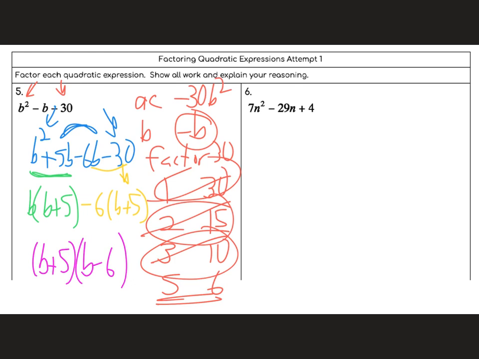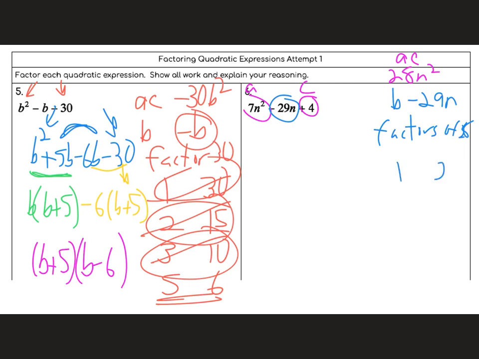The next one, ooh, these numbers are a little bit scarier, but I'm going to believe in us. That is a, that is b, no it isn't. I forgot where the undo button was, I'm sorry. That is c, so a times c is 28n squared. And then we have b, which is here. b is negative 29n. So now let's go ahead and write down factors of 28.